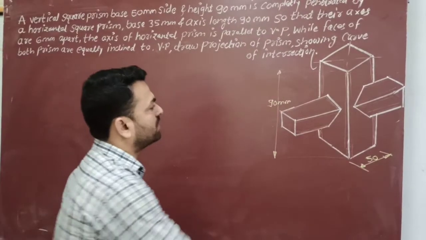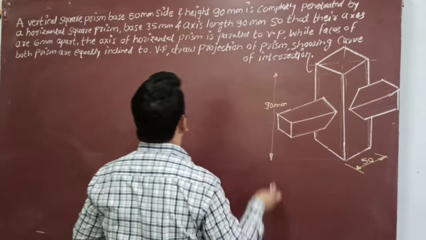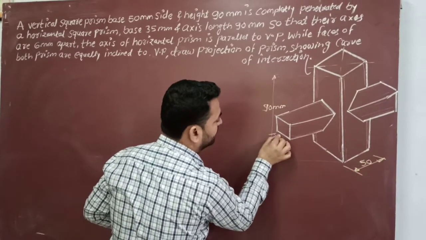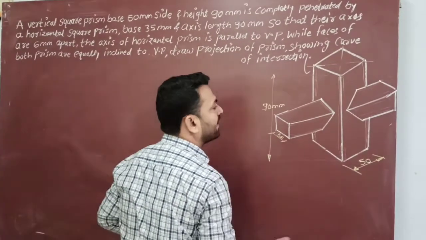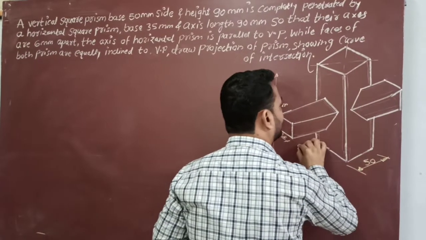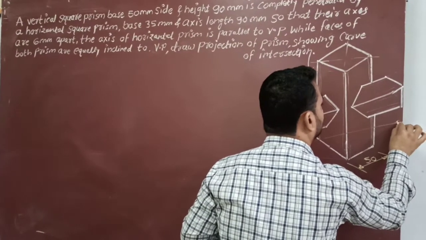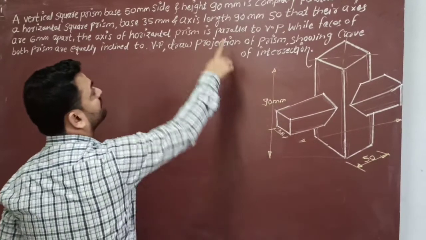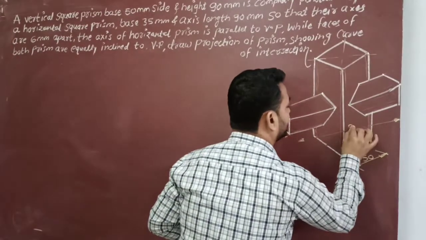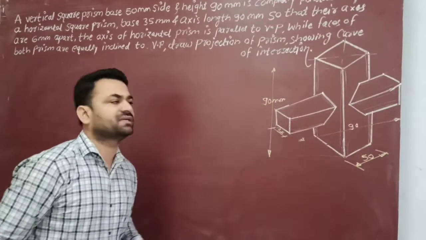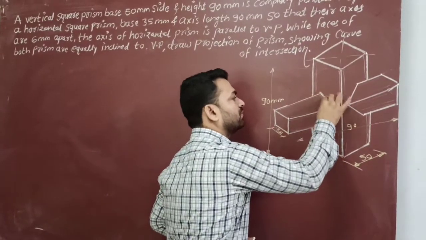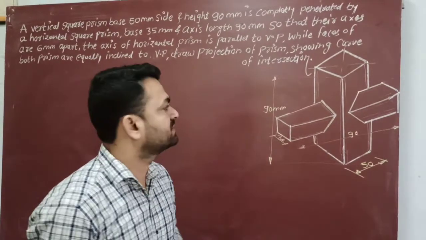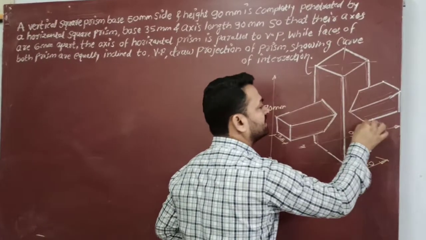This is the horizontal prism, and the side of the horizontal prism is 35 mm, and the length, or axis distance, of this prism is again 90 mm. So this is the 3D condition. We have to analyze the curve of intersection. So this is the curve of intersection in the 3D condition.